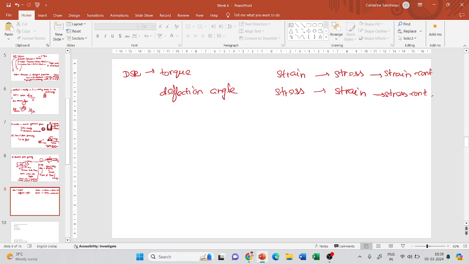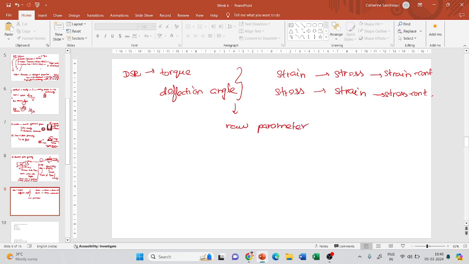Now, actually, I will not be controlling the strain or the stress, because stress and strain are computed parameters, right? You have to compute stress from something called torque, and strain from something called deflection angle, okay. So these are the raw parameters that you will get from the dynamic shear rheometer.